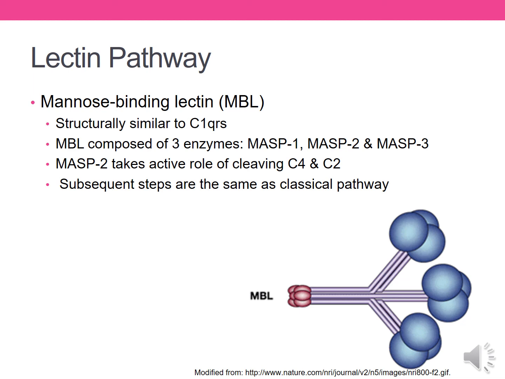So the only real difference between the lectin pathway and the classical pathway is that the lectin pathway uses a mannose binding lectin, and it will bind directly to the bacterial surface. So the lectin pathway does not need an antibody to start the pathway.